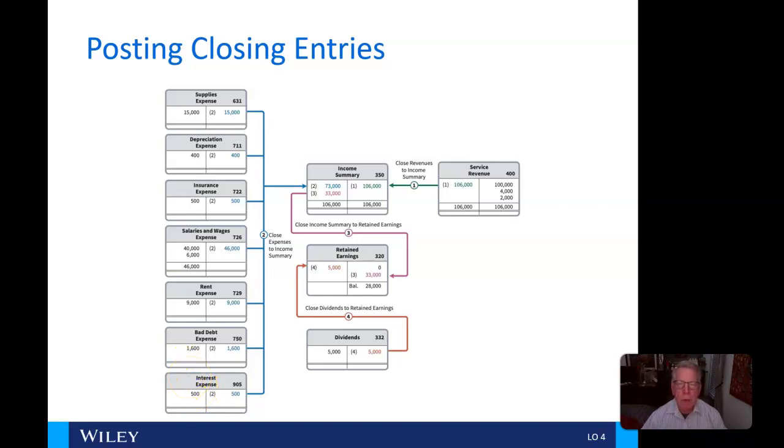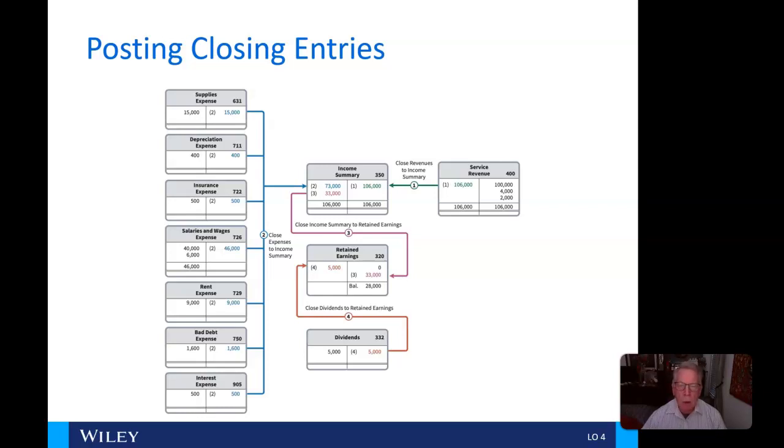So the income summary account is a temporary holding account, and it gets populated and then depopulated very quickly, as shown here. The expenses go in on the left, and the revenues go on the right. As you can see, the income summary always remains in balance as well.